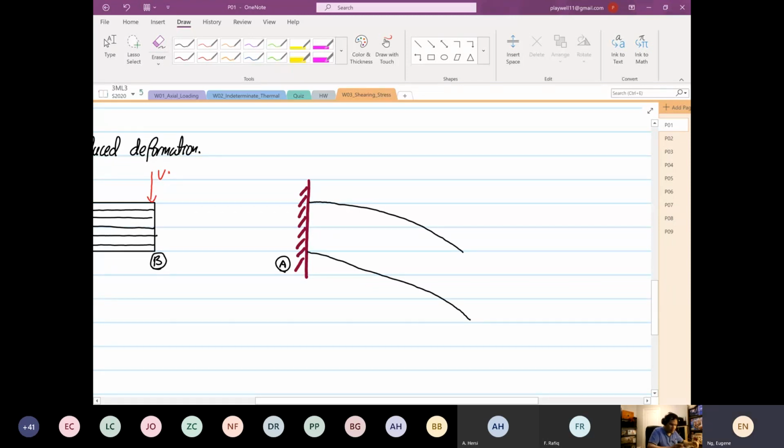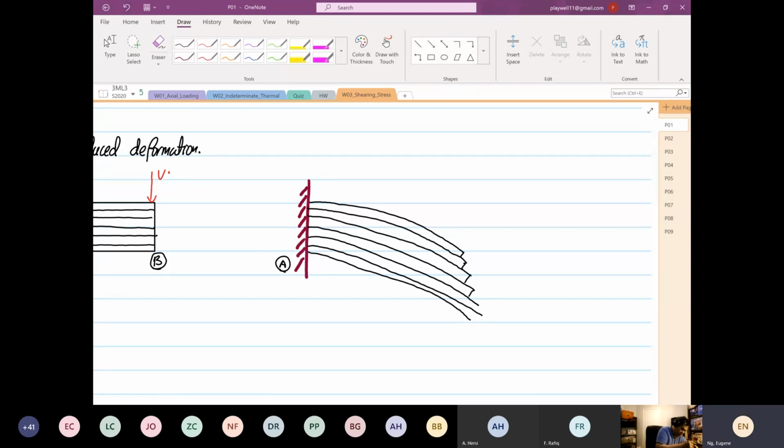Okay, so I'm going to draw layer by layer again. So this is one layer. This is the next layer. This is the next layer. This is the next layer. And then I have one more layer to go. Oh, my last one is pretty badly drawn. Try to make it better. So this is how the structure is going to deform.